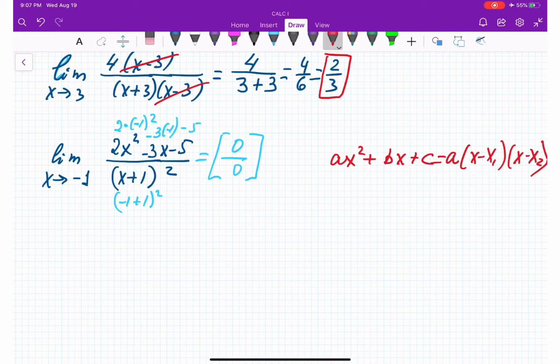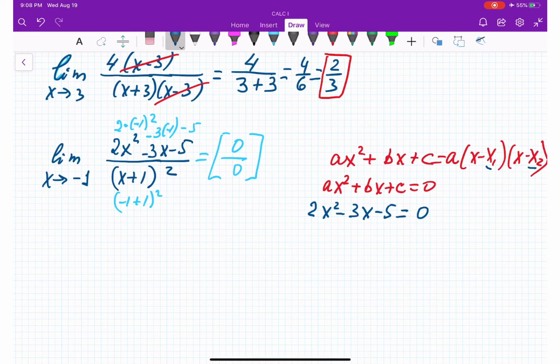I'll post it at the end of the video, so whoever is interested can go and watch it. To reach this format, first of all, we set ax squared plus bx plus c equal to 0. Okay, let's follow. 2x squared minus 3x minus 5 is equal to 0. So we need to find x1 and x2.